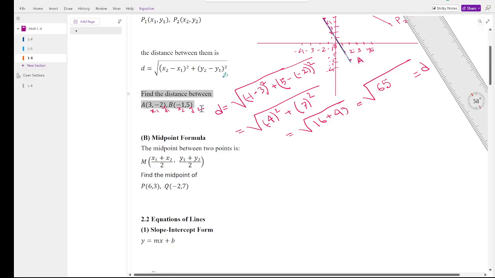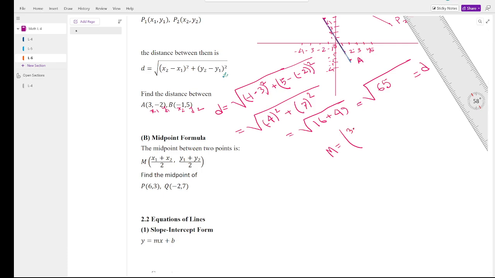Now for this question, find the midpoint of A and B. We can write like this: M equal (x1 plus x2). Where is x1? x1 is 3 plus x2, which is minus 1, divided by 2, comma, then the y point, which is the average of the y values.